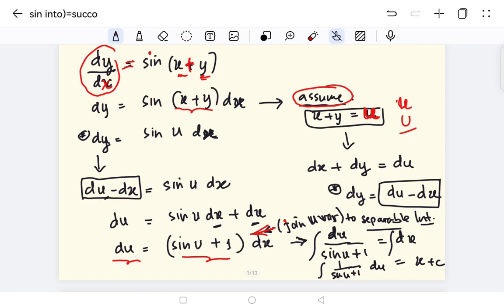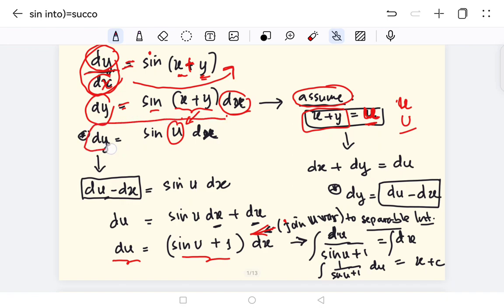Okay, so I'm going to change it now. The dx on the bottom moves to the right side, so it's times dx, and now only dy is left here: dy equals sine of x plus y dx, and we change x plus y as u. Now it looks like a simpler equation.